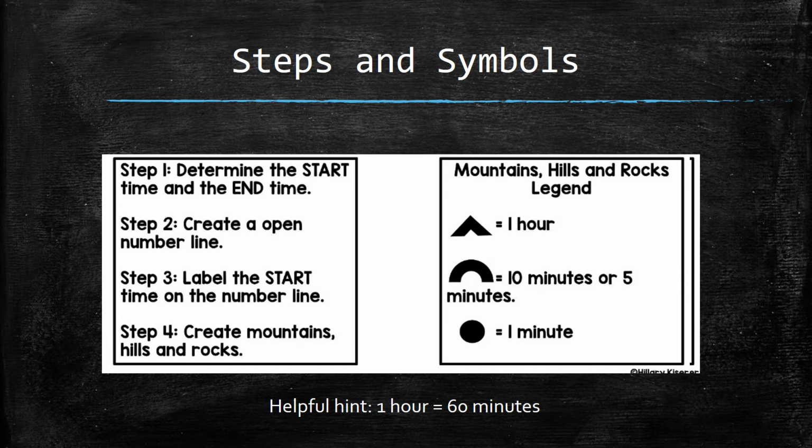That's going to represent 1 hour. Don't forget 1 hour is 60 minutes. The little hills, it's just a curve, that can represent both 10 minutes or 5 minutes. And then a dash, a small symbol, is just going to represent 1 minute.